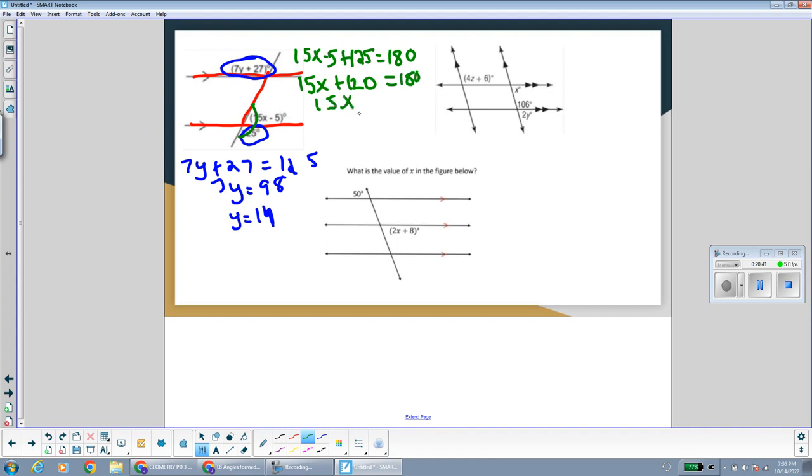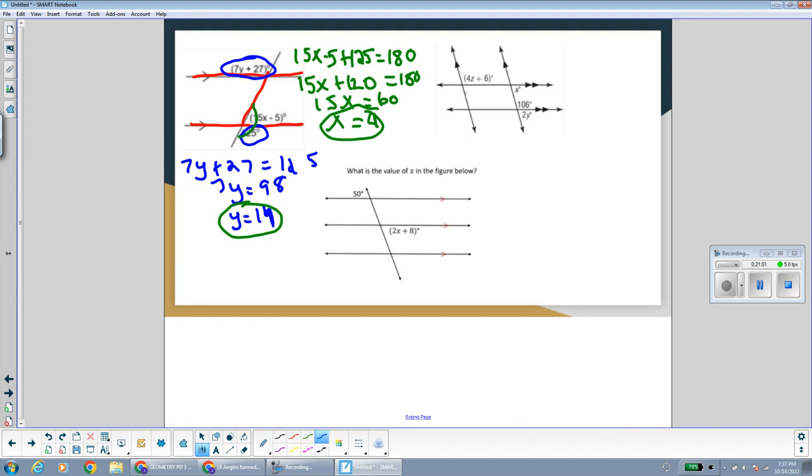Subtracting 120 from both sides, I have 15x equals 60. And then dividing 15 on both sides, I have x is equal to 4. So in the first one, we have now found both of the missing variables. Let's move on to the next one.